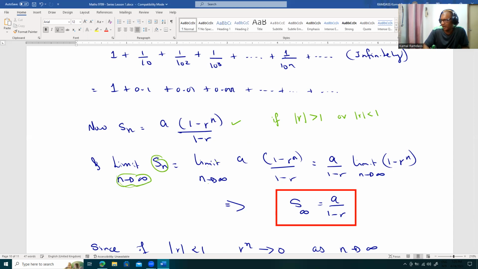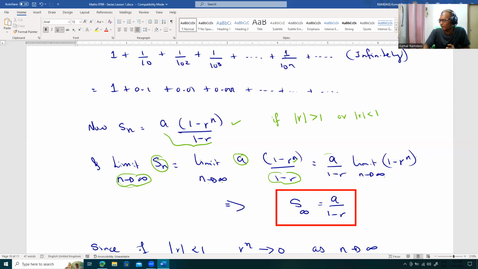On remplace S of n par ça: A times 1 minus R to the power of n divided by 1 minus R. Et 1 minus R, il est fixe. Ça veut dire, A over 1 minus R, limite n tends to infinity 1 minus R to the power of n.